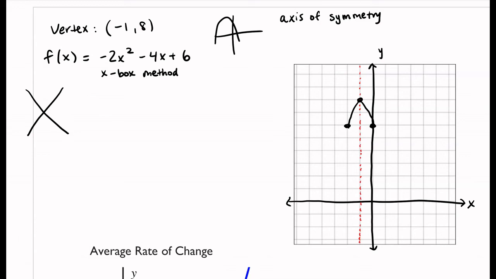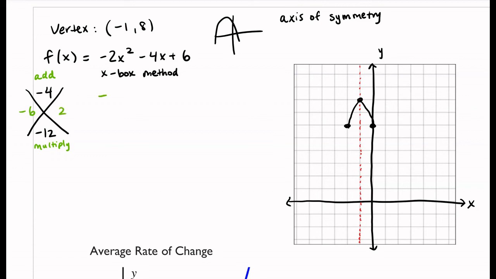On the top, I'm going to put our b value, and on the bottom, I'm going to put a times c, which is negative 12 in this case. And look at that, we want to find two numbers that add to negative 4 and multiply to negative 12. I can think of two numbers that do that for us: negative 6 and positive 2.